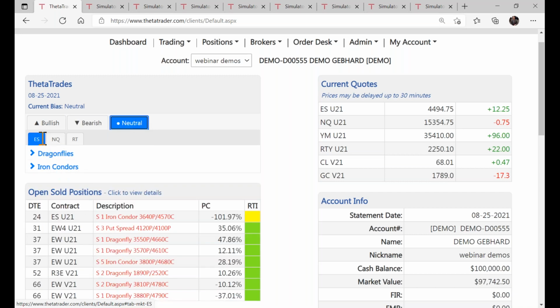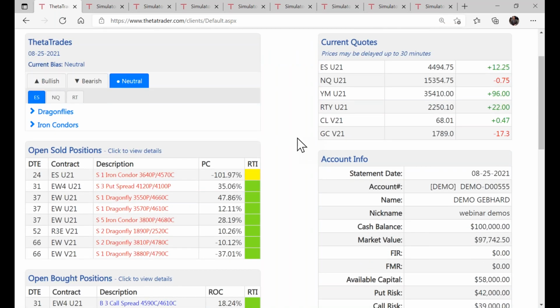We're looking at the ES, the NQ, and the RT, and those are all E-mini S&P 500, NASDAQ 100, and Russell 2000. So we mentioned why we trade the index, and towards the end of the demo, after we're done with this, I'll show you why we specifically trade these three markets, these E-minis. But with that in mind, let's look at a Condor.